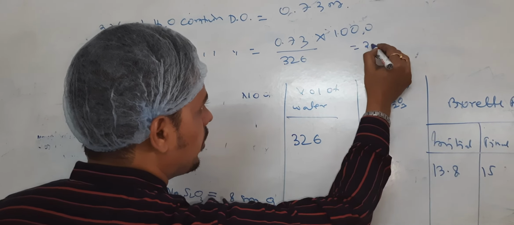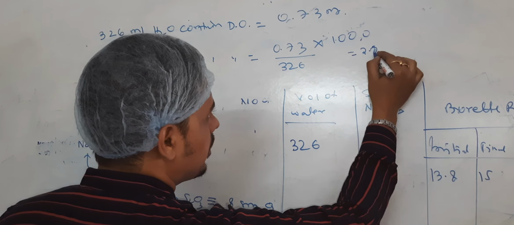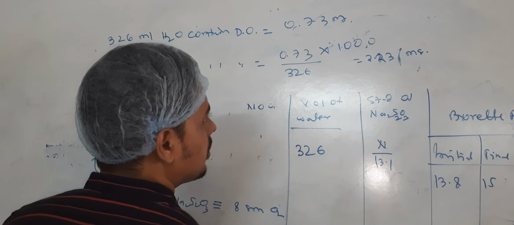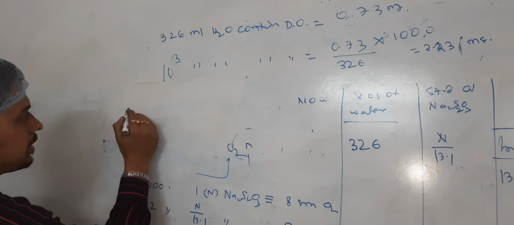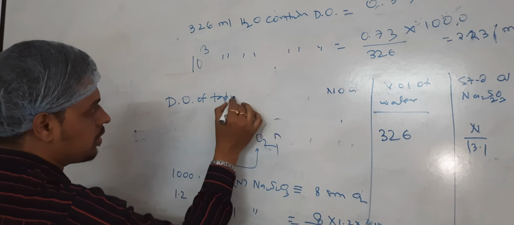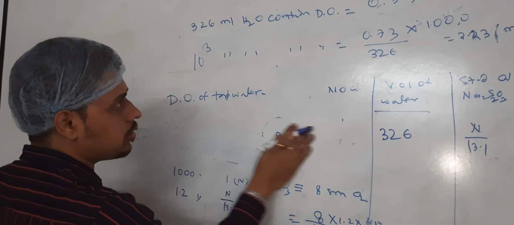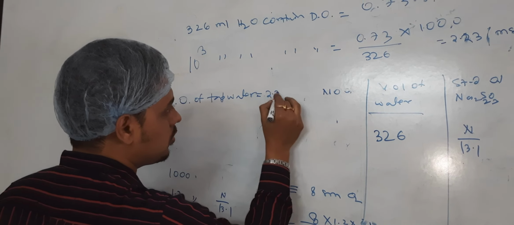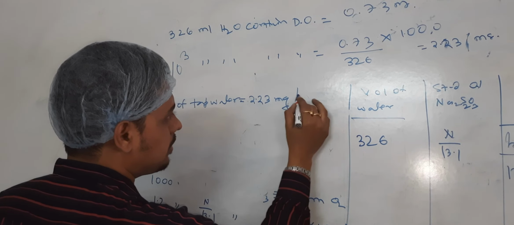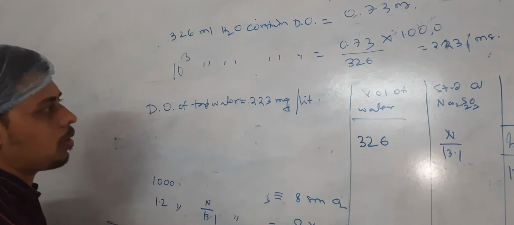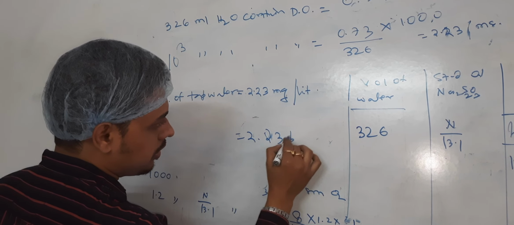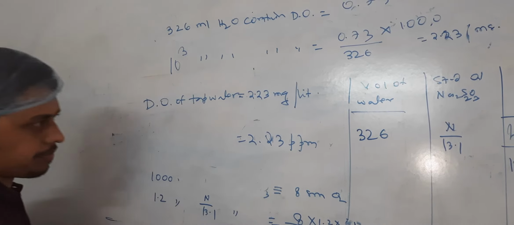You get 2.23 mg. So we can write DO of tap water is equal to 2.23 mg per liter or 2.23 ppm. Done.